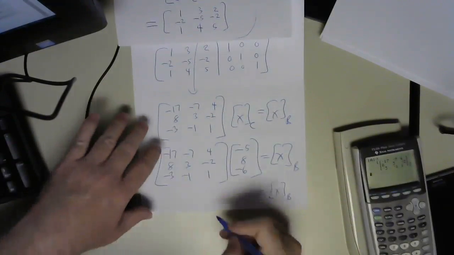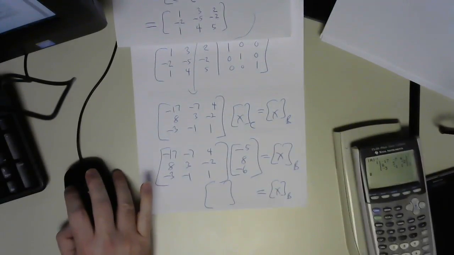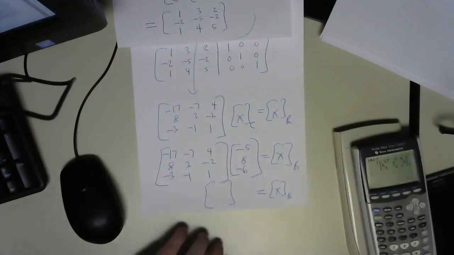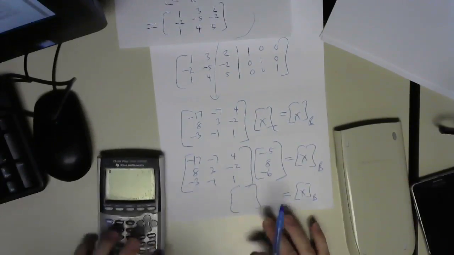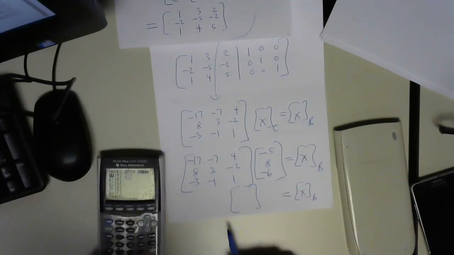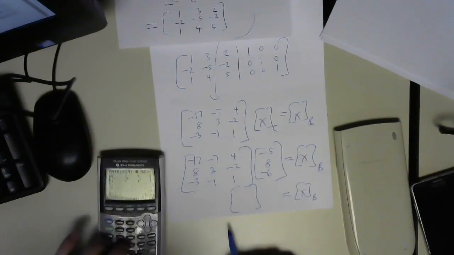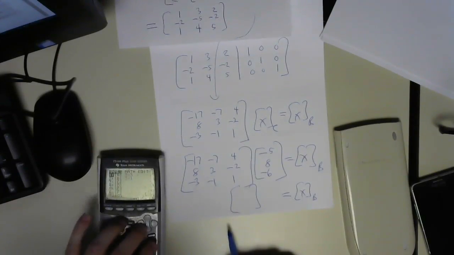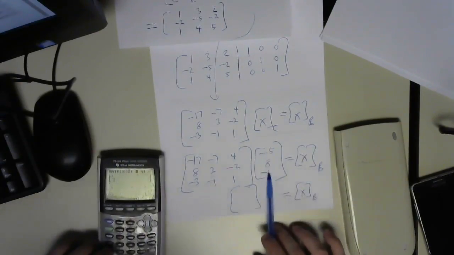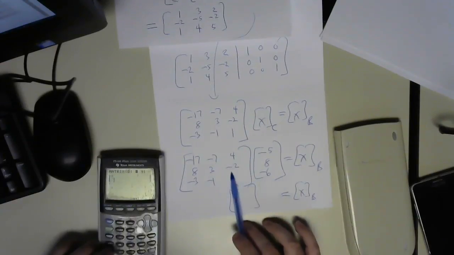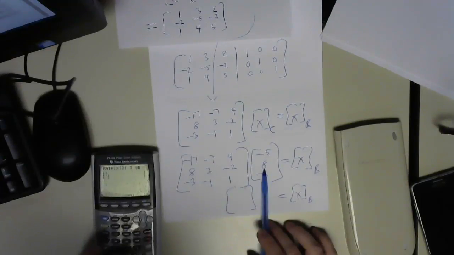So now let's see what we end up with. I might have to use a calculator on this. Okay, this time I'm just going to call this B, and then I'm going to multiply the inverse of the matrix I just found by B. I'm just going to do it with the calculator, save a little time.